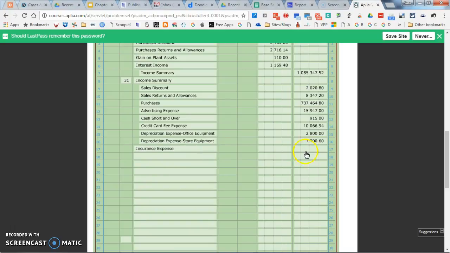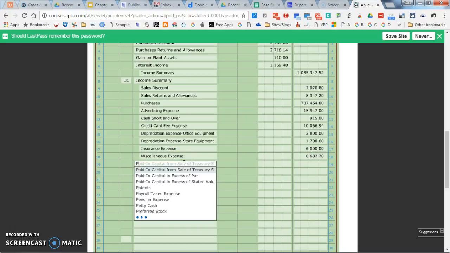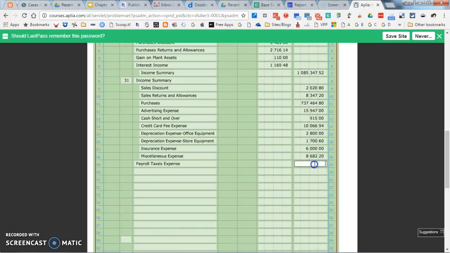Insurance expense, $6,000. Miscellaneous expense, $8,682.20. Payroll taxes expense, $14,966. Rent expense, $28,915.